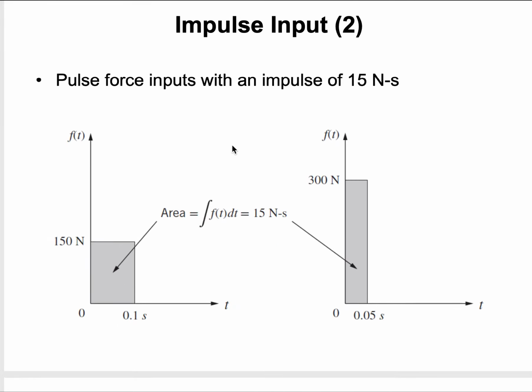That's an example of an impulse input. If I have 150 newtons for 0.1 seconds, or I apply 300 newtons for 0.05 seconds, the areas are the same. They are both 15 newton seconds, so they have the same area.